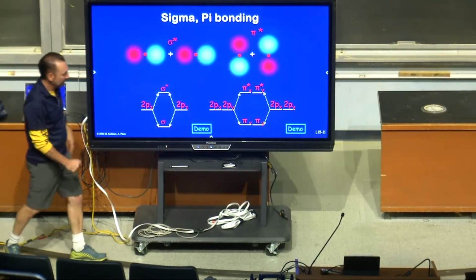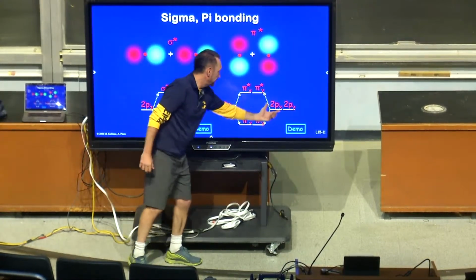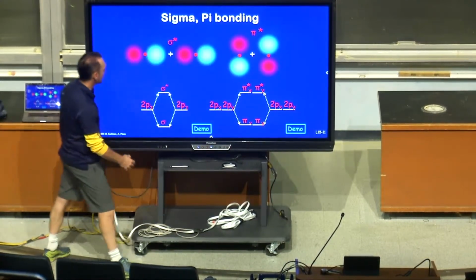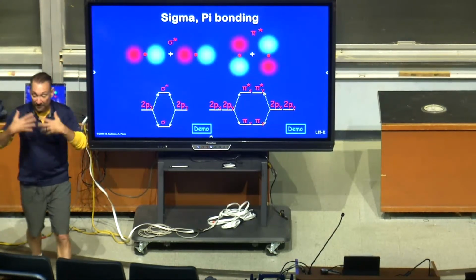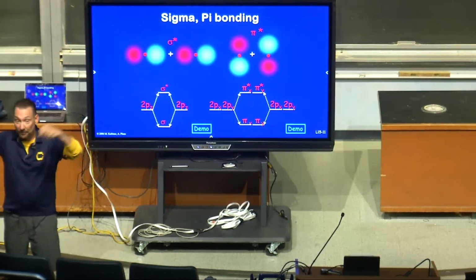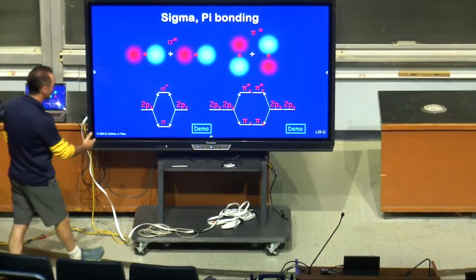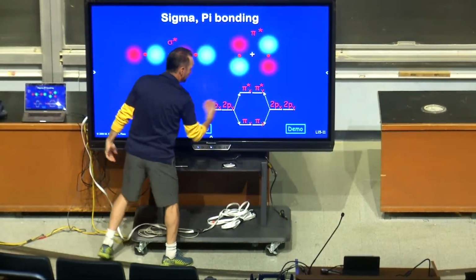I take 4 atomic orbitals, I make 4 molecular orbitals, and then I can do the same thing. I can fill them with the available valence electrons that were in these orbitals to begin with.